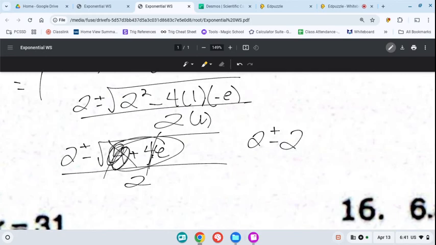Let me read my notes. Yep, the square root. I'm going to factor out. I went too fast in my notes, let me go back.